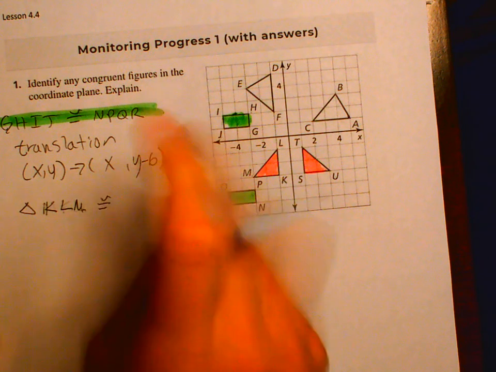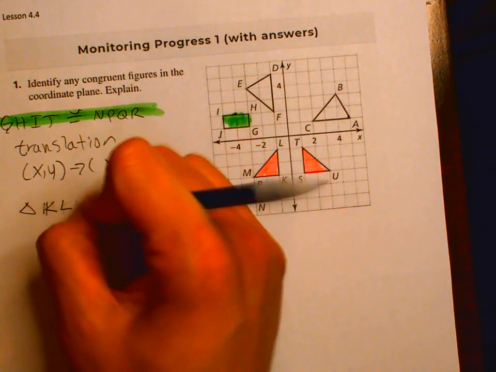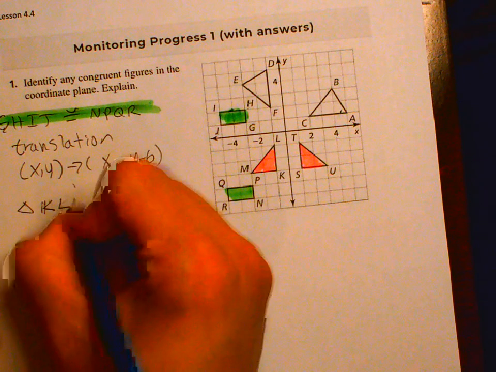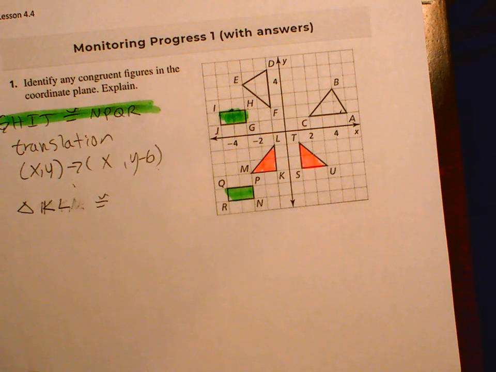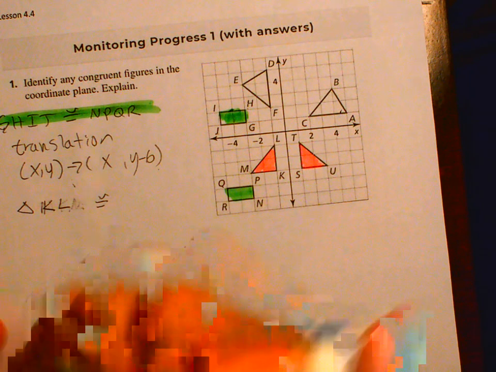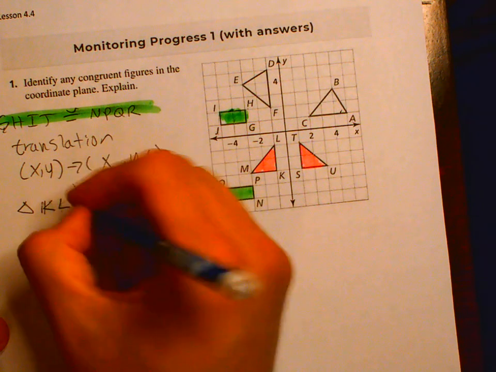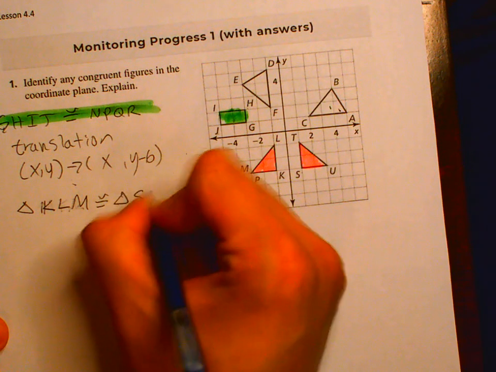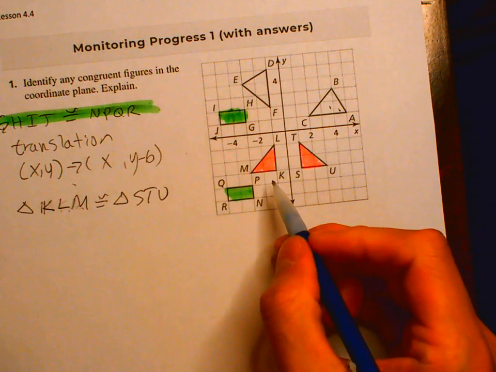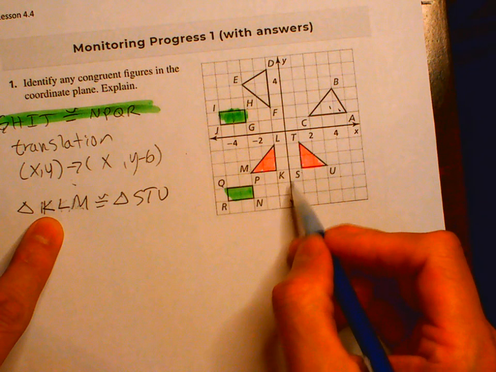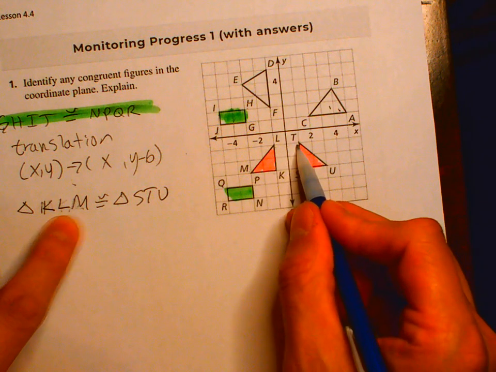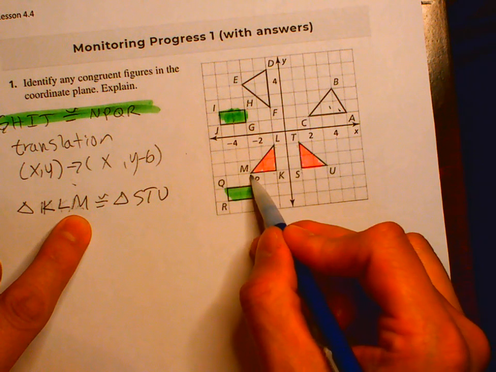KLM. Hold on. KLM and then STU. So K has to map onto S, and L has to map onto T, and M to U.